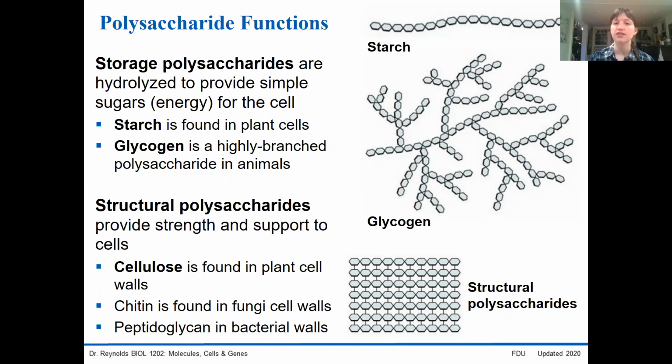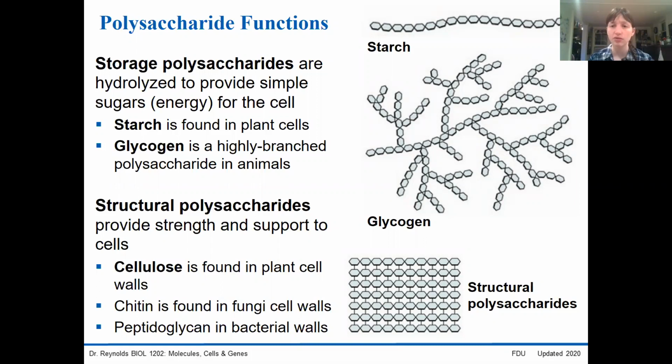That glycogen is highly branched. So if you were to count how many little sugars are sitting at the ends of each one of those branches, you would notice that there are many individual sugars that we could kind of pick off of the little tree, right? Well, compare that to starches in plants. There's only 2 ends, so at most you could pick off 2 of those sugars at a time.